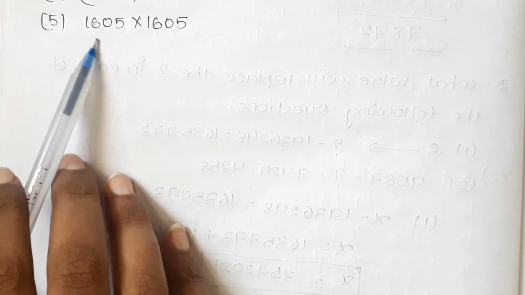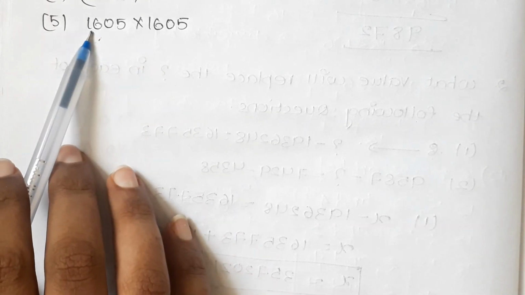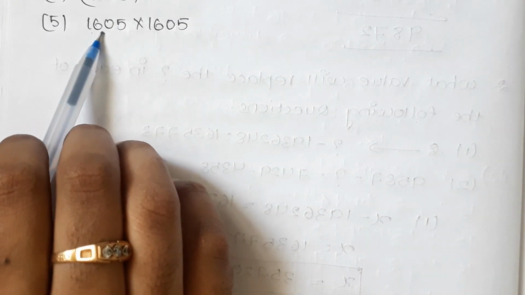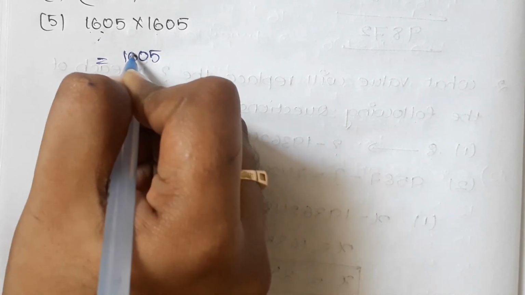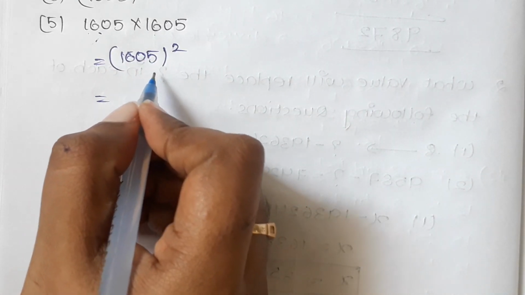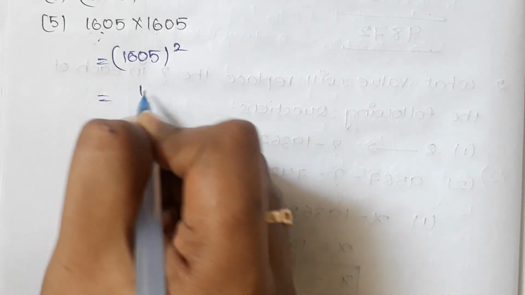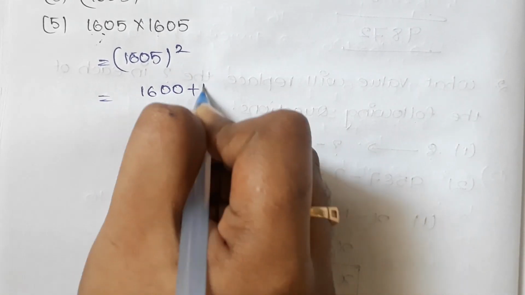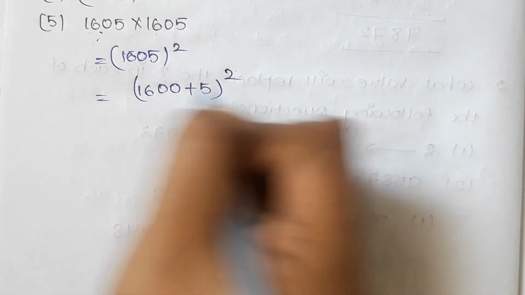And now let us see another model, that is multiplication of 1605 into 1605. Here it is in the form of A into A, that is 1605 whole square. Now 1605 can be written as 1600 plus 5 whole square.